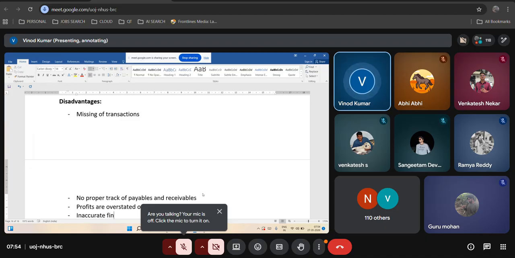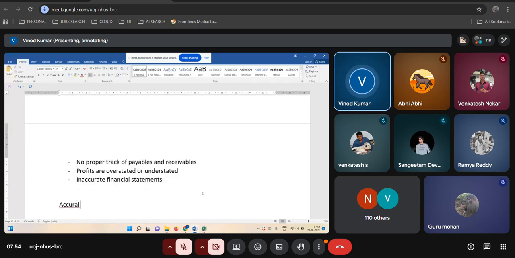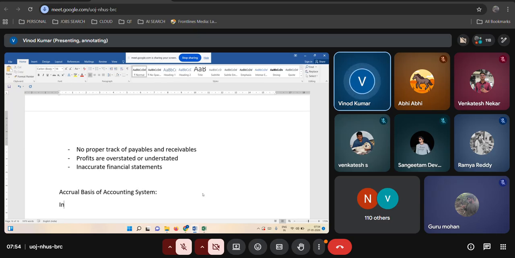So to reduce this kind of problem, a new method was introduced, called the accrual concept, that is, the accrual basis of accounting system. In this method, transactions are recorded when they occur, instead of on payment or receipt.